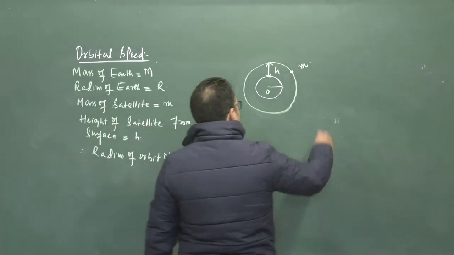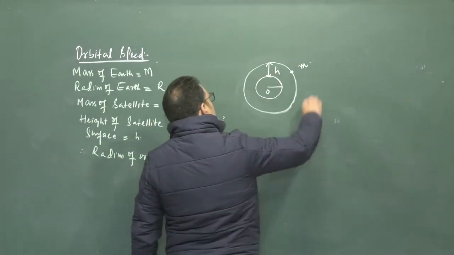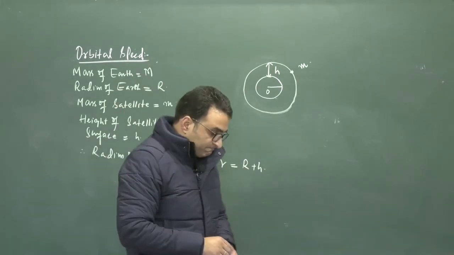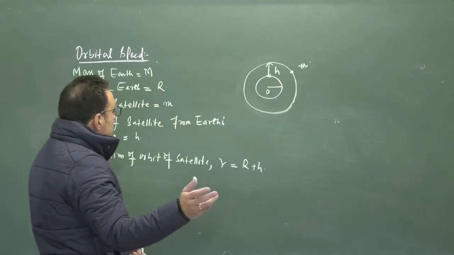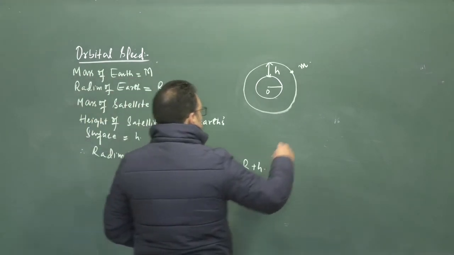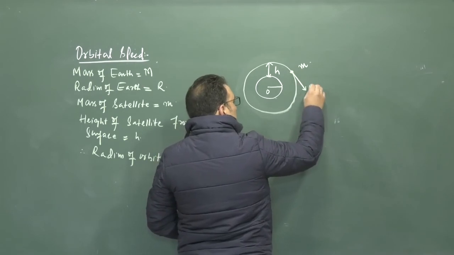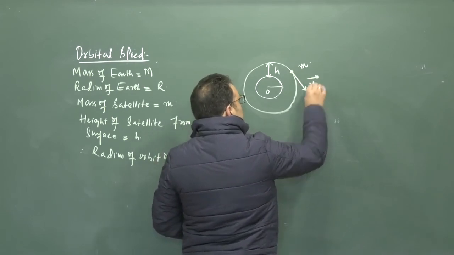Now see, the satellite in a particular orbit is moving with constant speed. Now you know that its velocity is changing on account of the change in direction.